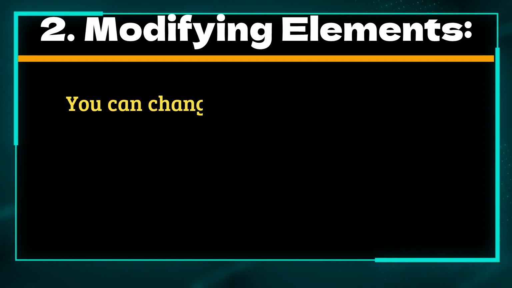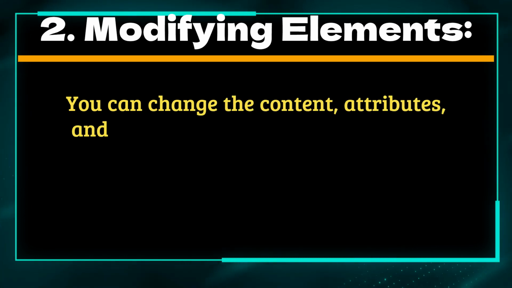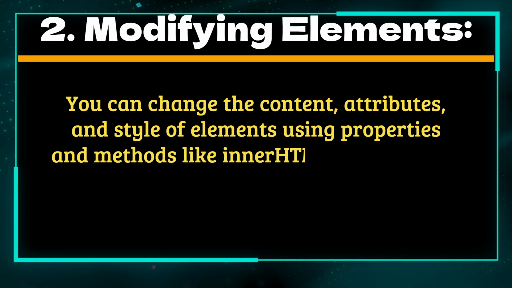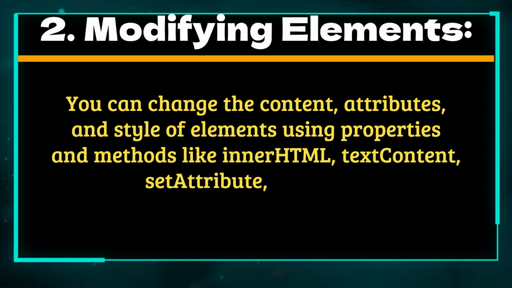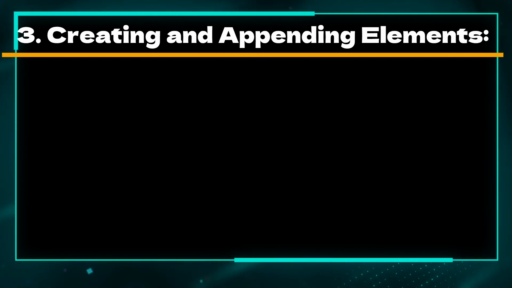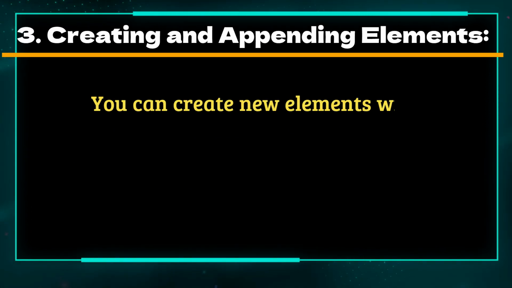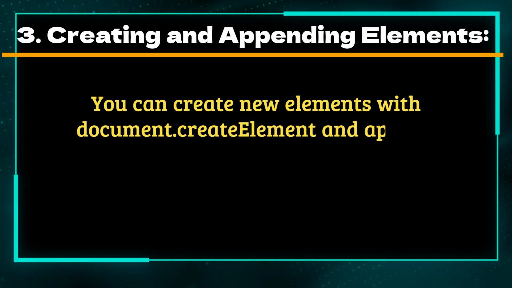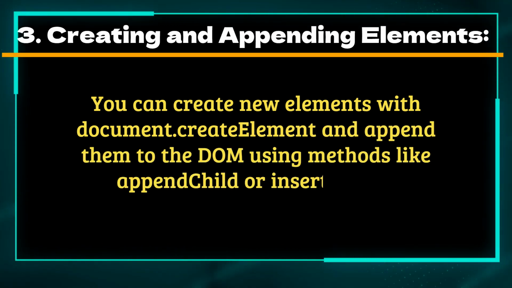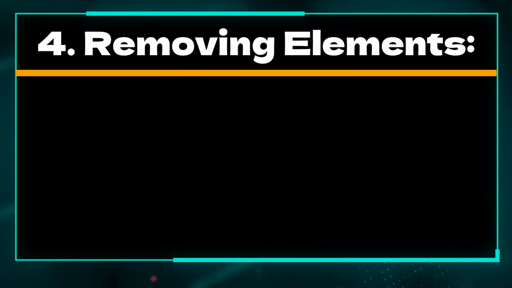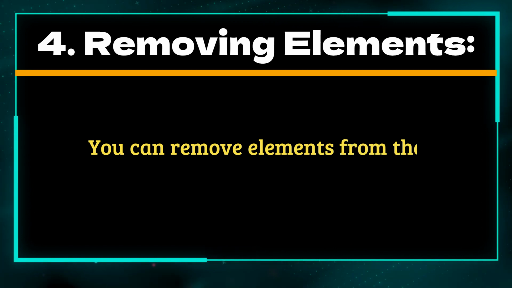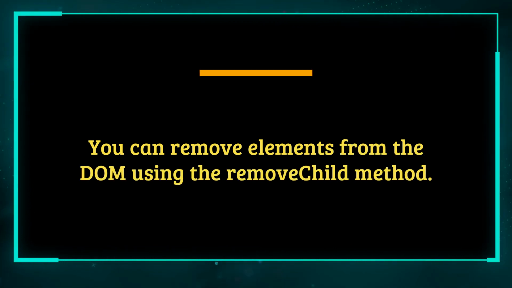You can change the content, attributes, and style of elements using properties and methods like innerHTML, textContent, setAttribute, and style. 3. Creating and appending elements. You can create new elements with document.createElement and append them to the DOM using methods like appendChild or insertBefore. 4. Removing elements. You can remove elements from the DOM using the removeChild method.